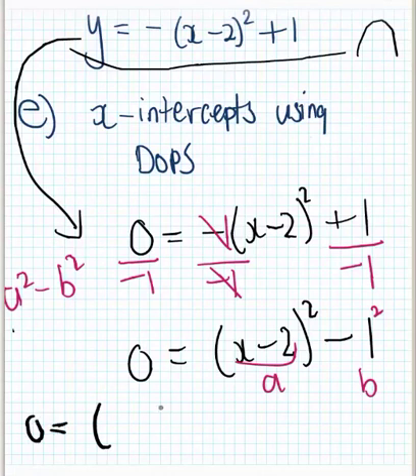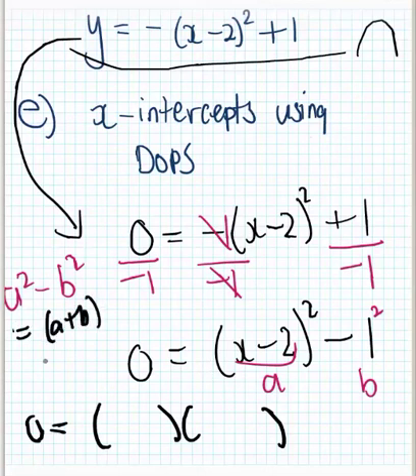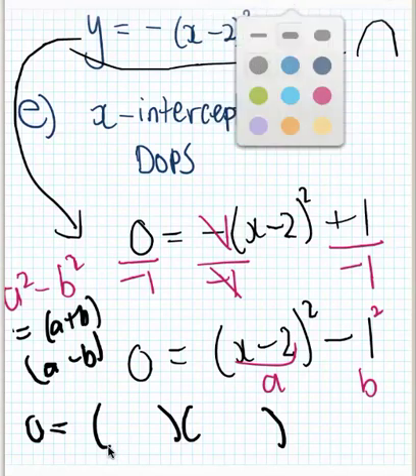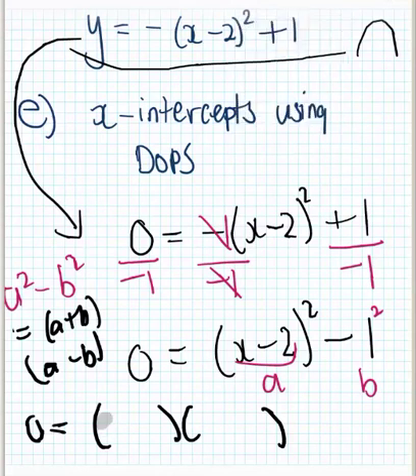So we've got 0 equals. So a squared minus b squared equals a plus b in one bracket and a minus b in the other bracket. So a is x minus 2, and b is a 1.